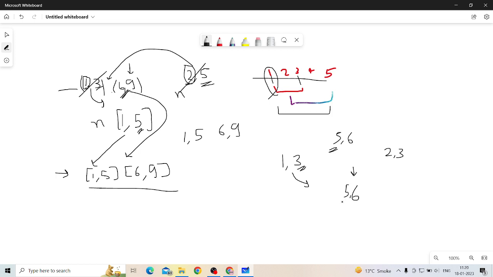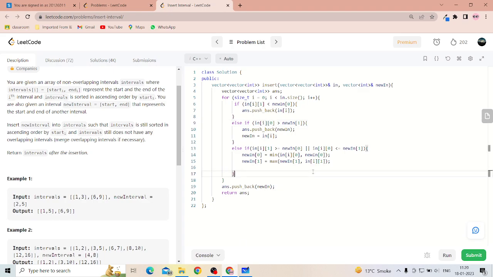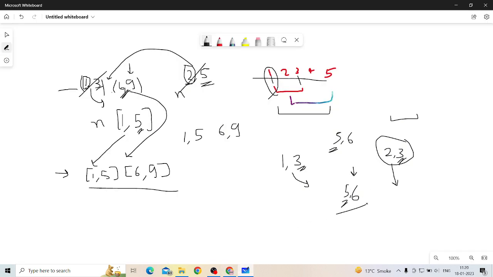So its starting position is greater than its ending position. This new interval is ending first. So we will say insert this new interval in the answer, and make this number as new interval. Now at next index we will store this interval.